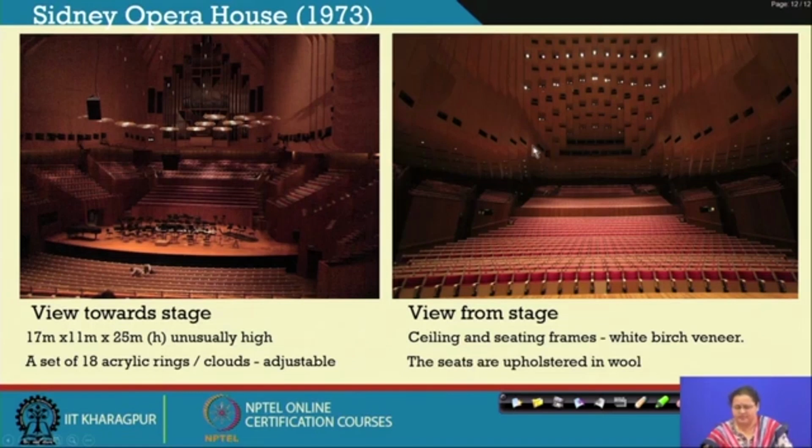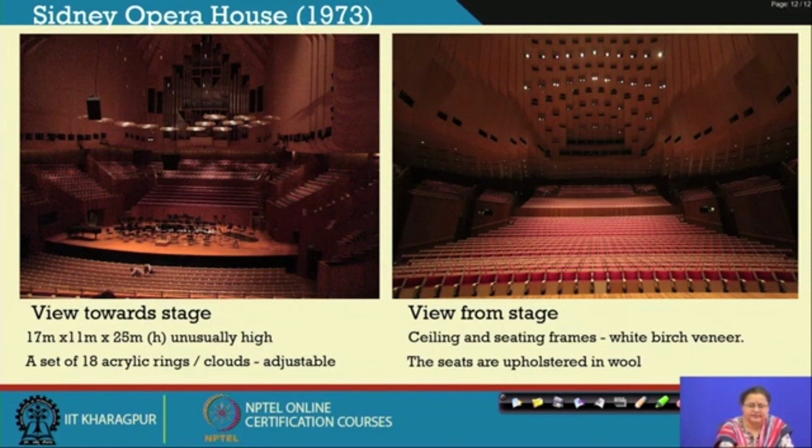This is a view from the stage side towards the seating. These acrylic rings can be adjusted height-wise to achieve a better sound quality or better ensemble for the orchestra players over here, and also to send the sound towards the audience.